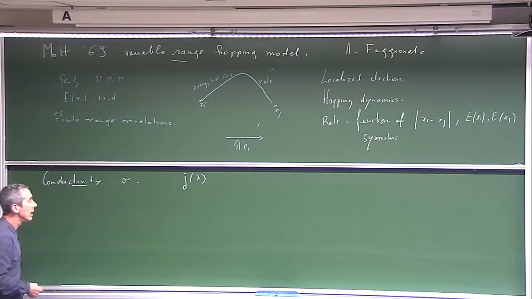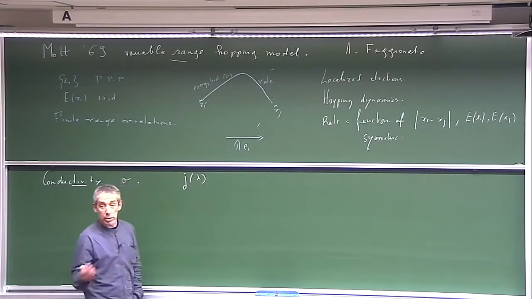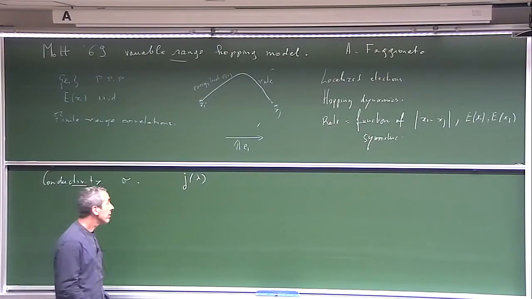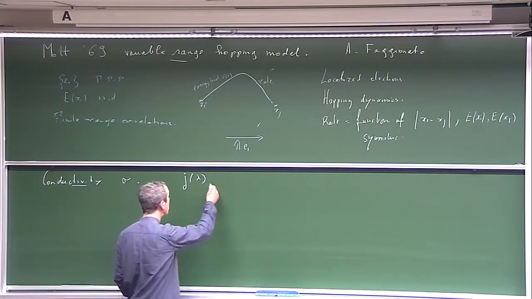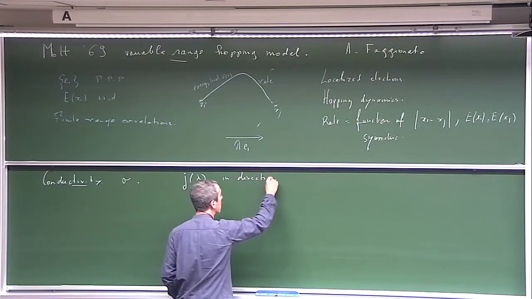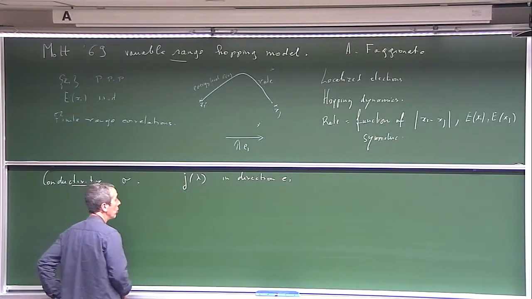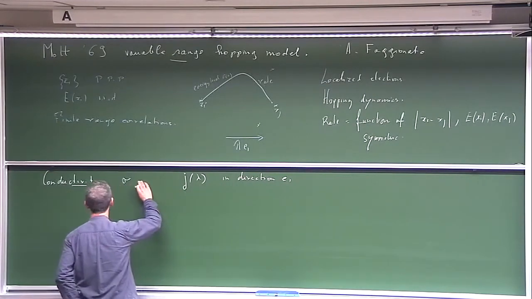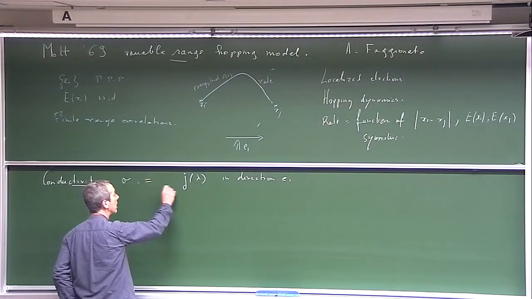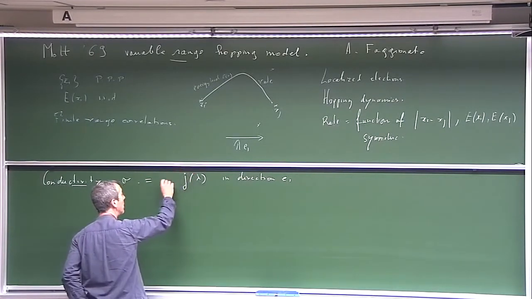You measure that electric current in direction E1, and you define the conductivity as the current induced by a small external field, normalized by lambda.